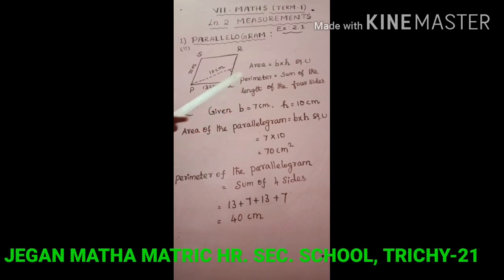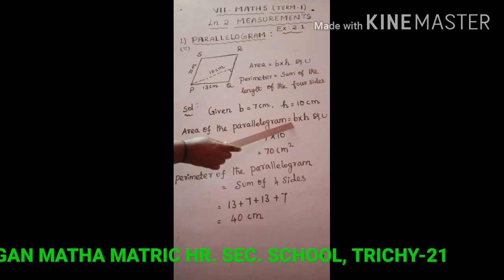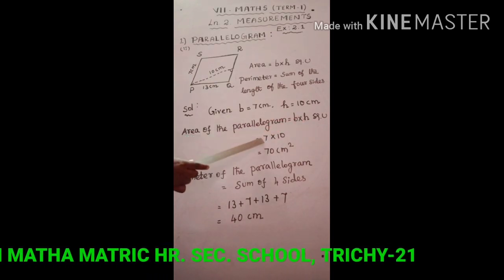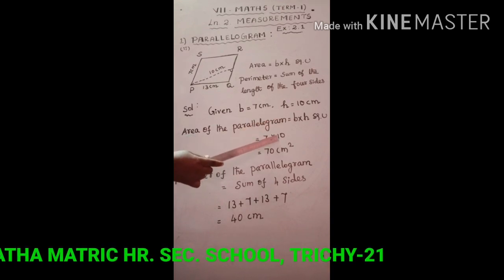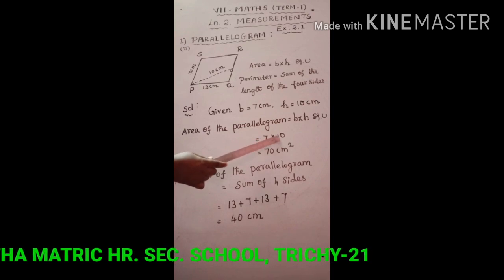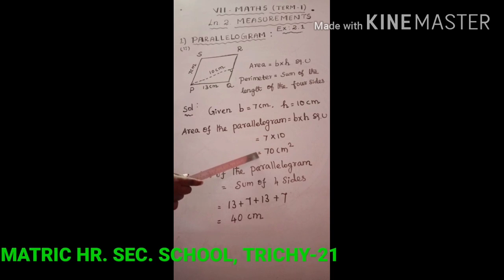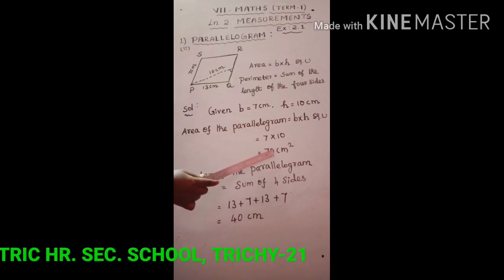So the area of the parallelogram is equal to base multiplied by height square units. Here base is 7 centimeter multiplied by height 10 centimeter. So 7 multiplied by 10 is equal to 70 centimeter square. So the area of the parallelogram is 70 centimeter square.